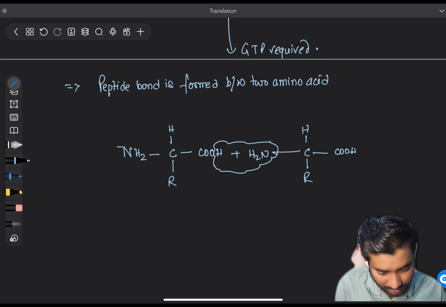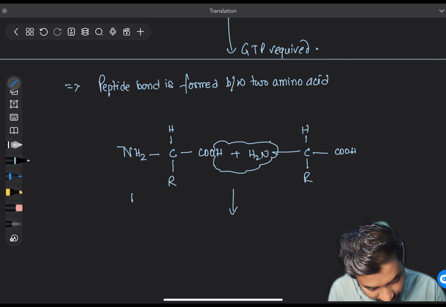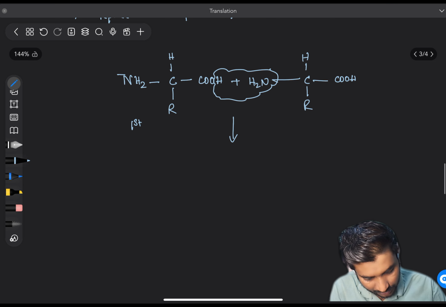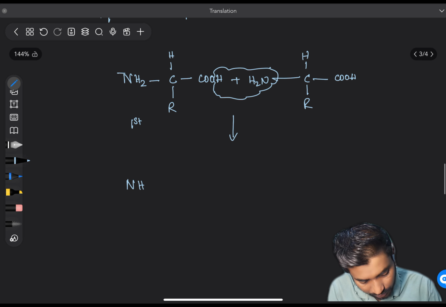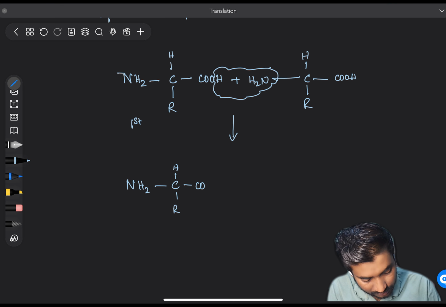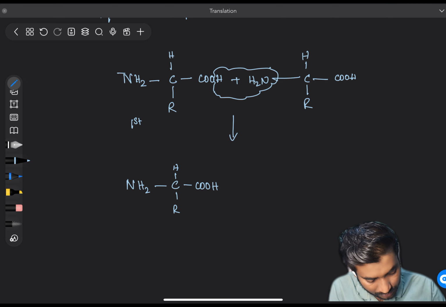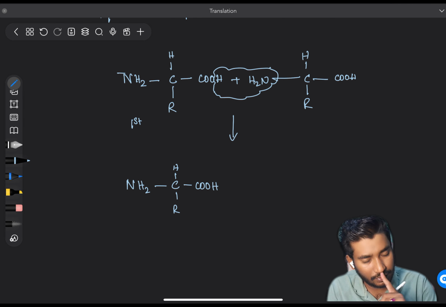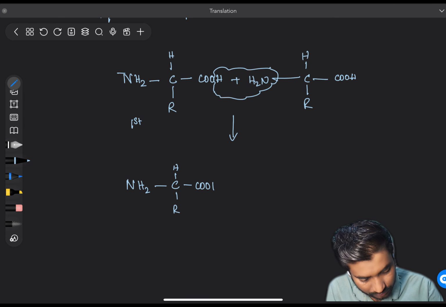Now here what happens? This is the first part, and here the amine group reacts with the amine group, R COOH. No, it will not be COOH.